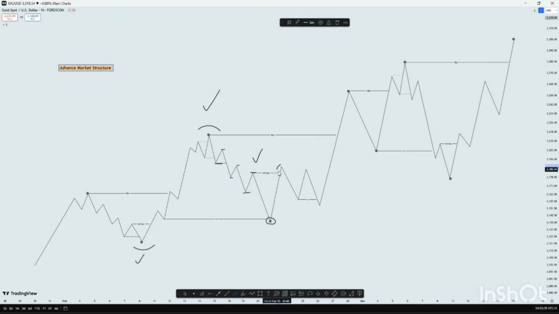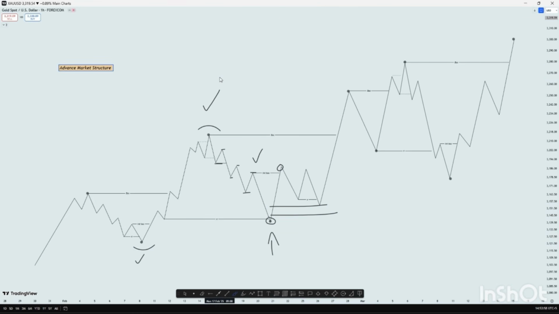So when the market breaks an internal high, our bias simply shifts to bullish and we get a strong low. After this, we simply buy whatever point of interest we have and target our next weak high.